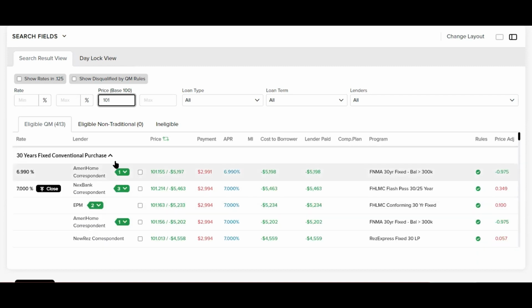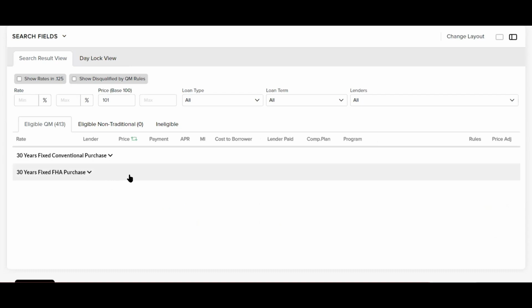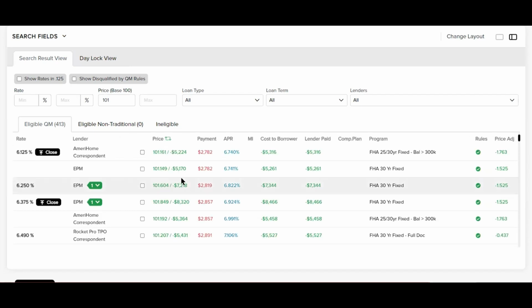Okay, cool. Now, is FHA going to be better for them? Well, technically it is: 6.250, 101.6. So exactly the same pricing, and FHA is at 6.25. But you do have to consider the upfront MI costs, the fact that the monthly MI is much higher and it's going to be there forever.